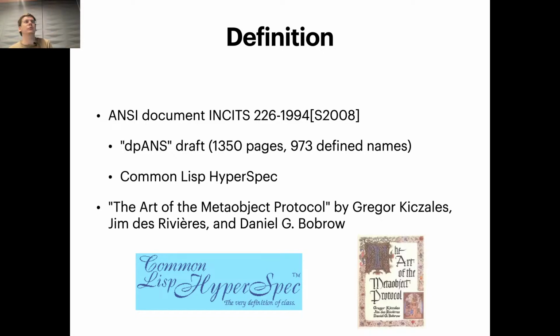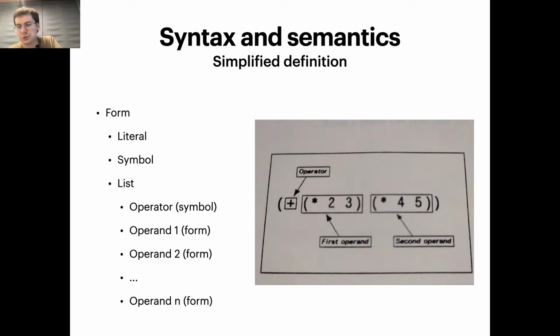I will go into more detail about that a bit later. You can see the cover on this slide. It's not part of the ANSI standard, but it's the de facto standard, and most implementations try to implement it as well. So now we're going to talk about the language itself.